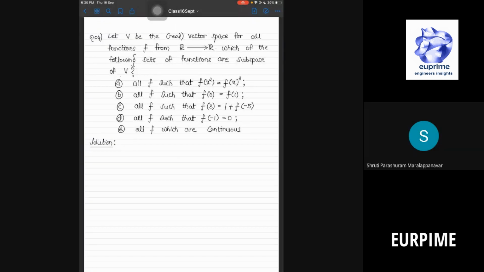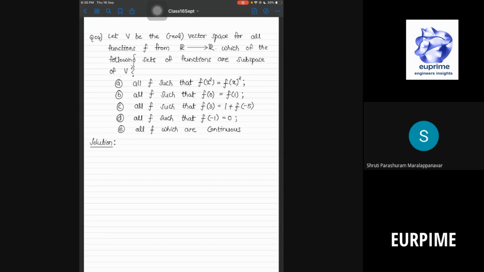Let us look at the next example. Let V be a vector space of all functions f from R to R. Which of the following sets of functions are subspaces of V? A is the set of functions f such that f of x square is equal to f of x whole square.